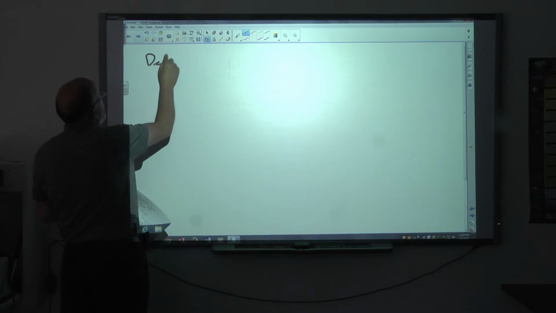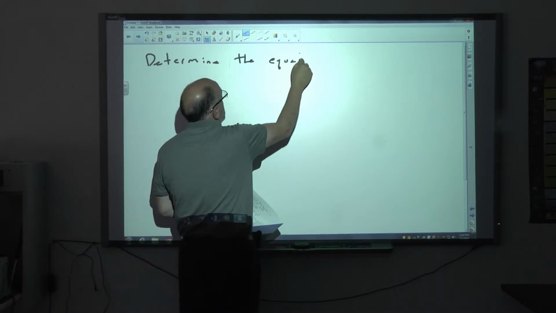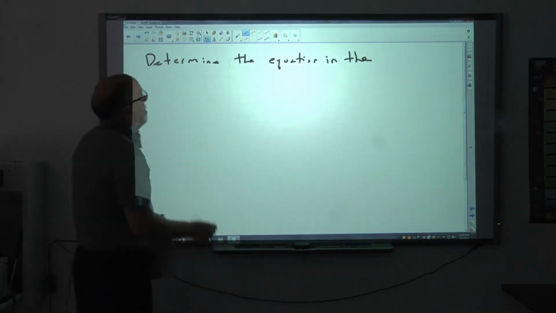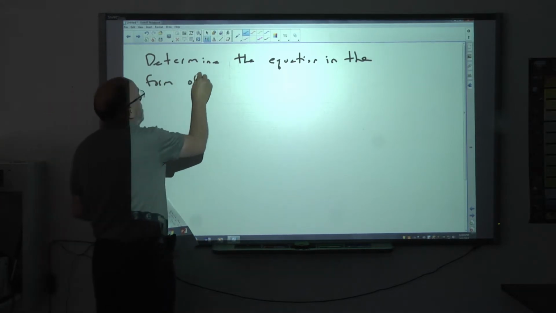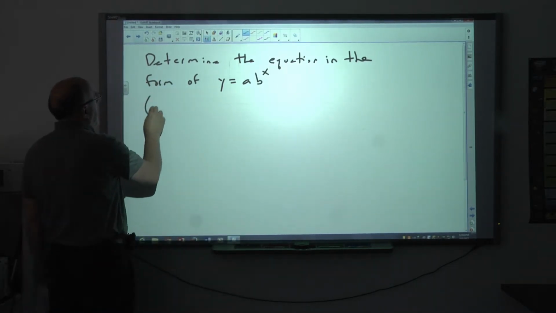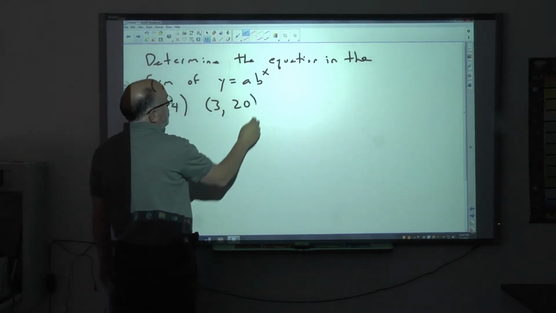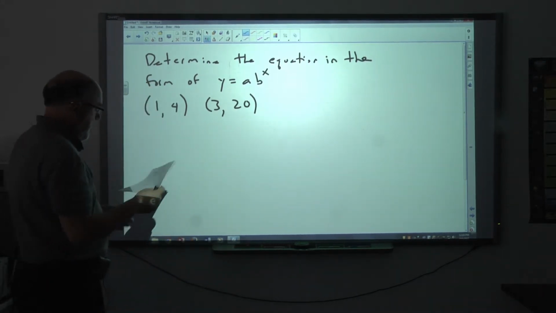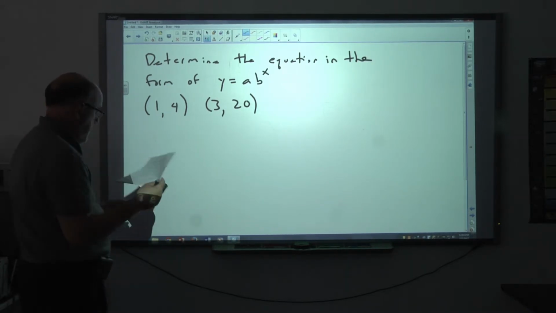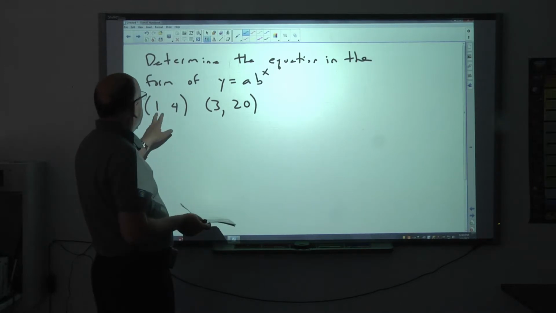We want to determine the equation in the form of y equals a b to the x. And we've got 2 points: the point (1, 4) and the point (3, 20). So we have x and y.